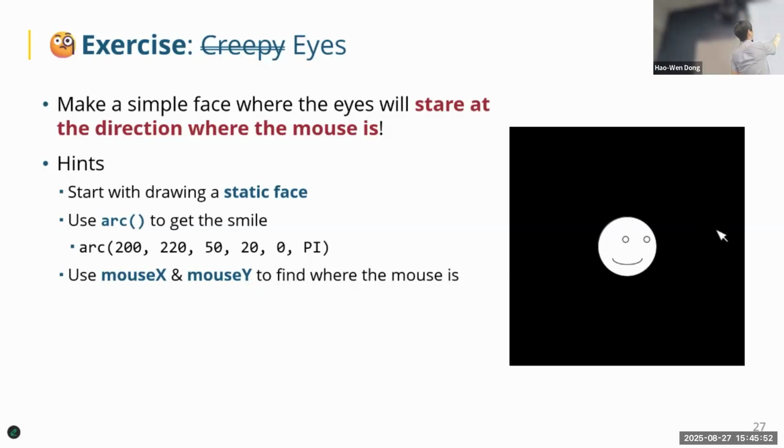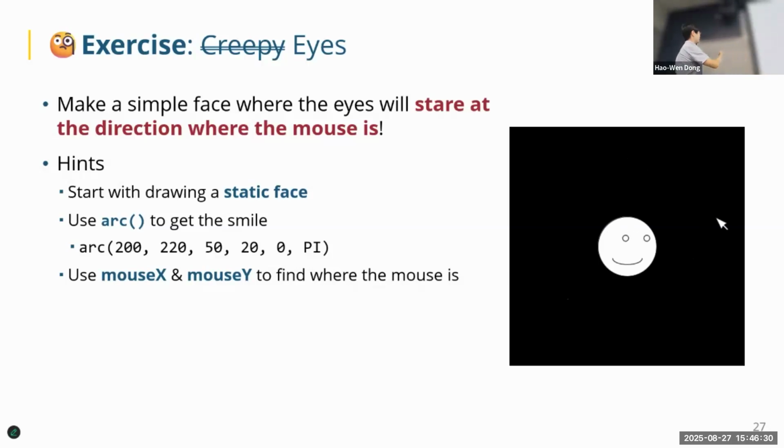And for the smile, you can use arc, and I already computed it here. So the arc takes X, Y, width, and height, and then 0 to pi is where you draw the arc. Basically the center is 200, 200, and this is like an ellipse that has a width of 50 and a height of 20. Now an arc is not the full ellipse.